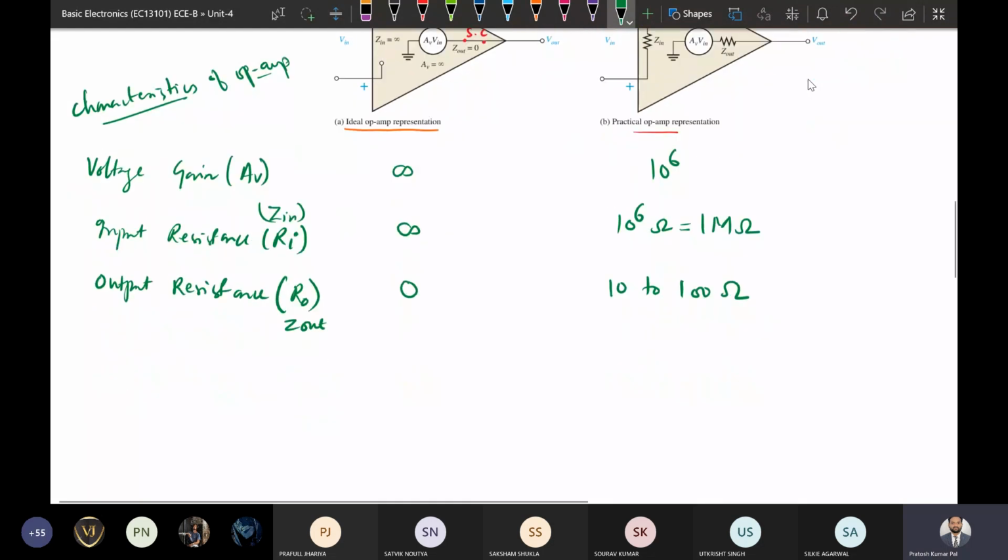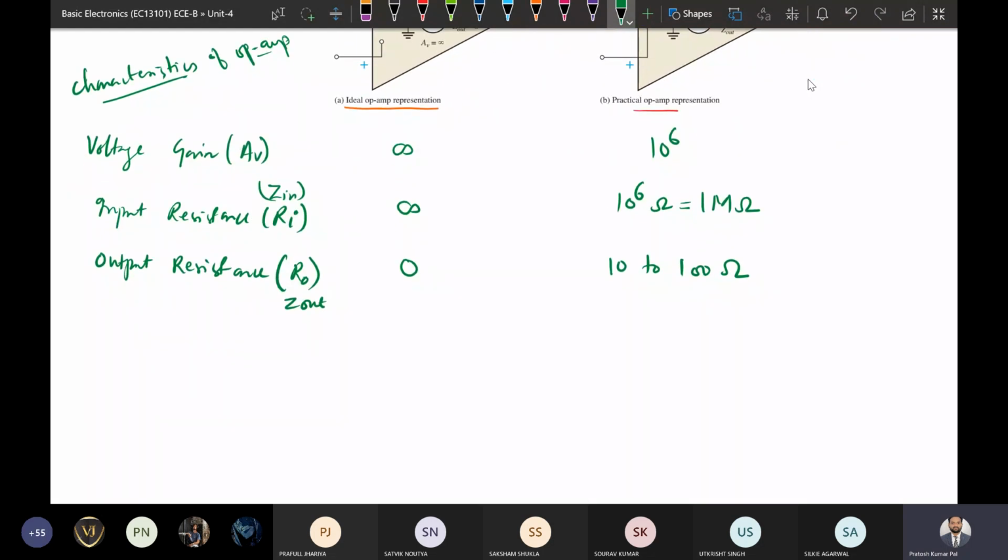One more term is the gain bandwidth product, represented by GBW.